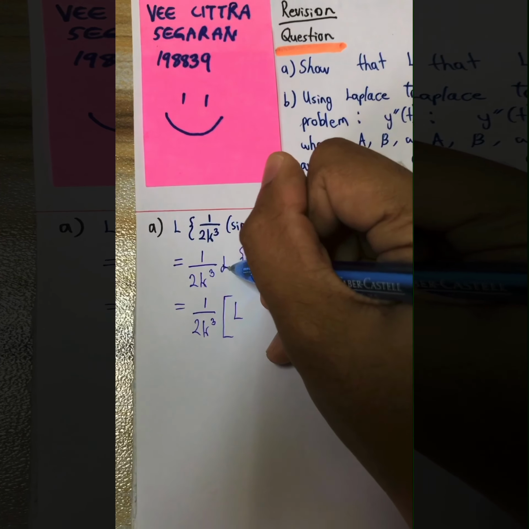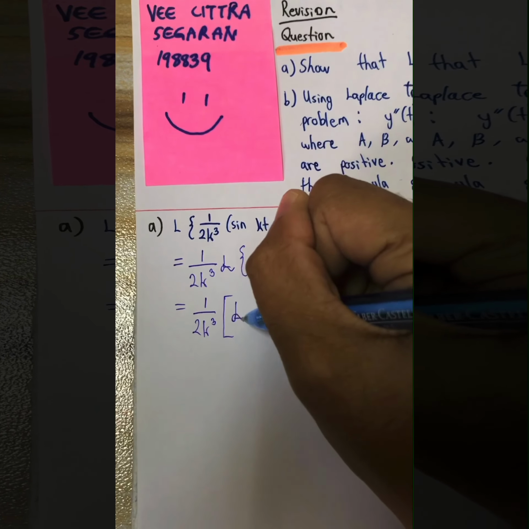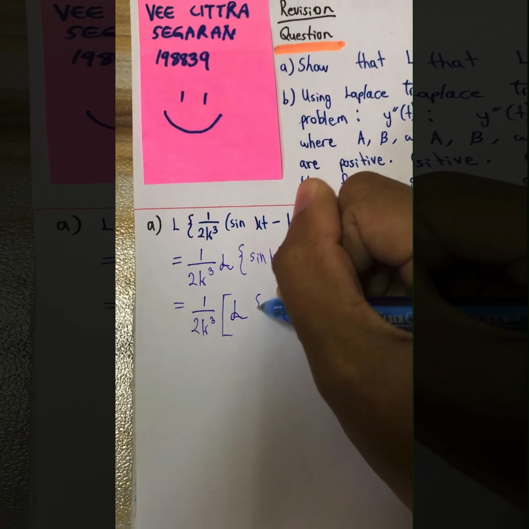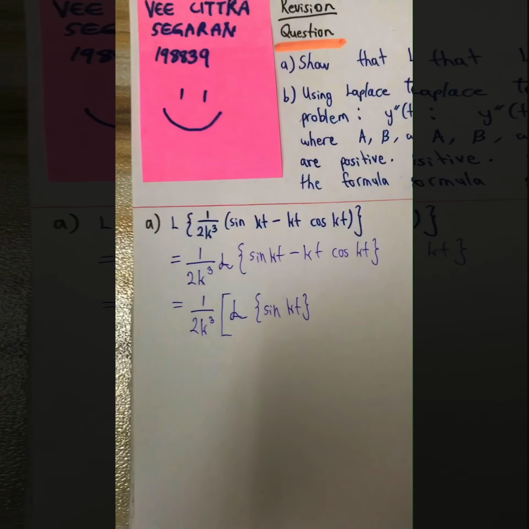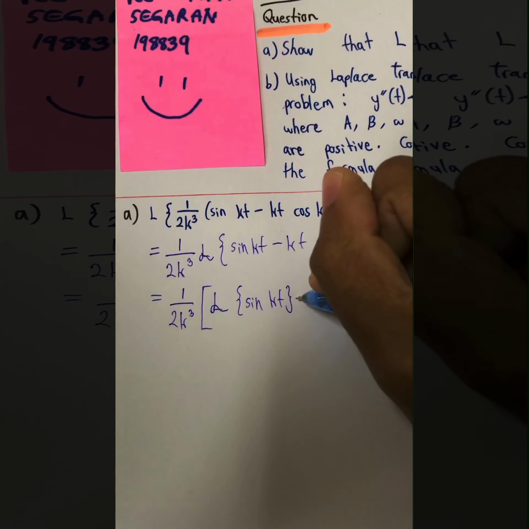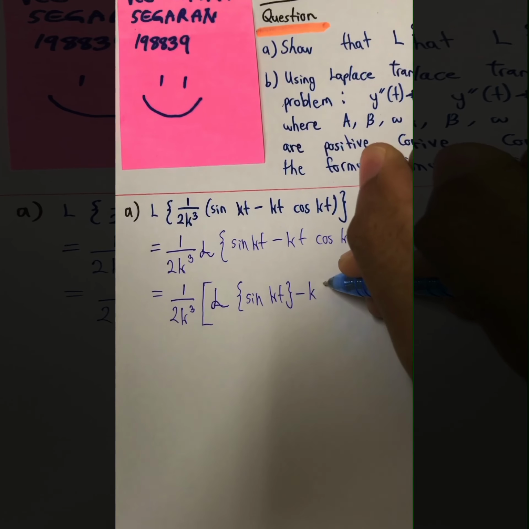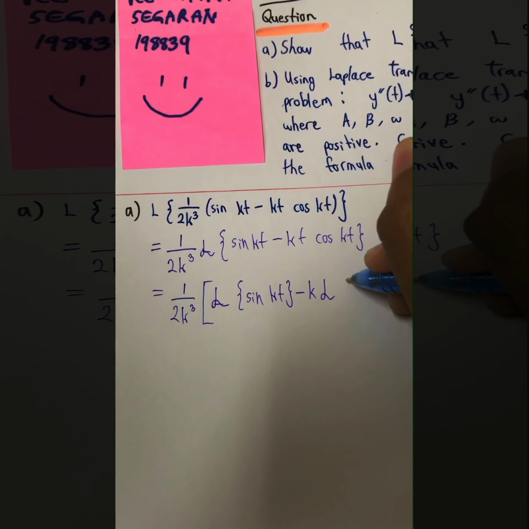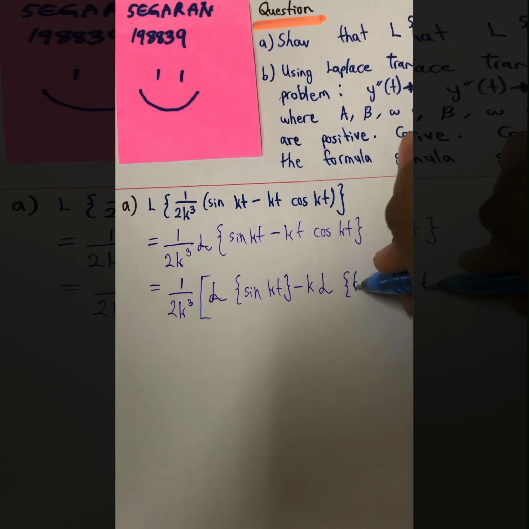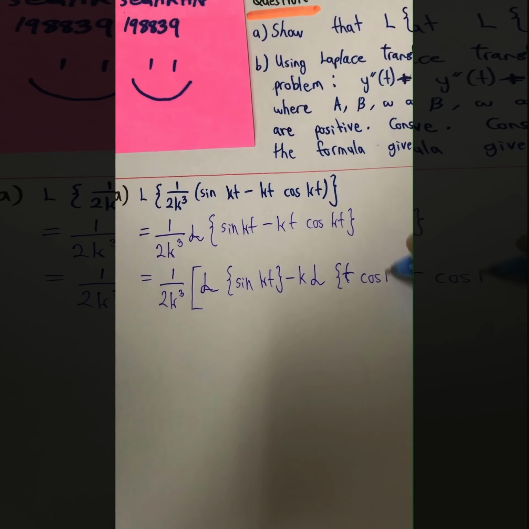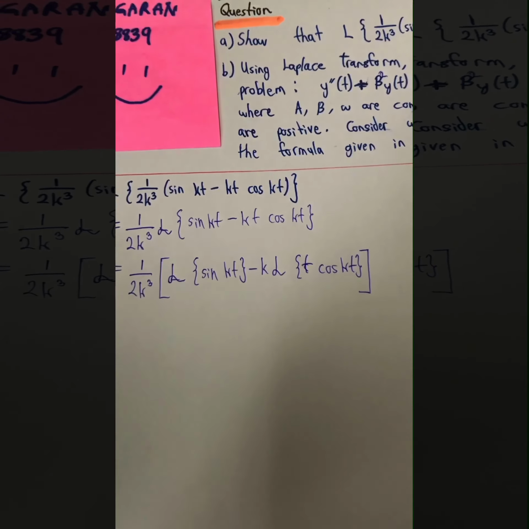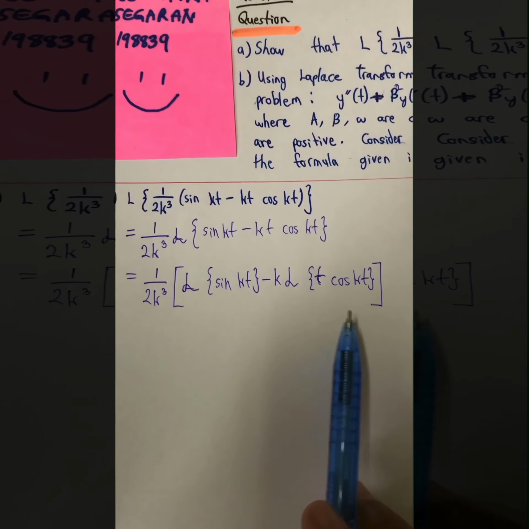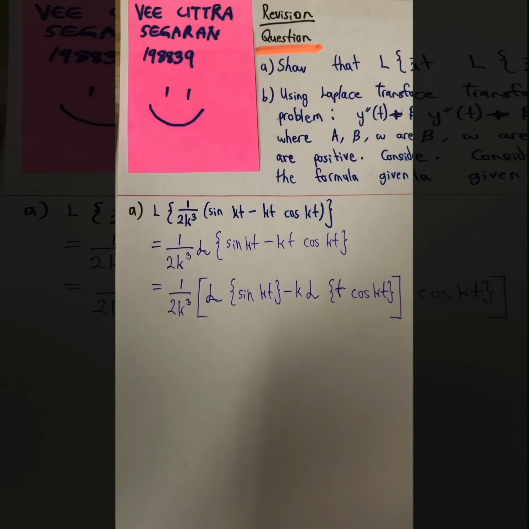The Laplace transform can be written as L, and then the Laplace transform of sin kt. Then here the k is constant, so we can extract out the k, leaving the Laplace transform of t cos kt. To solve this, we just look through the table of Laplace transforms.